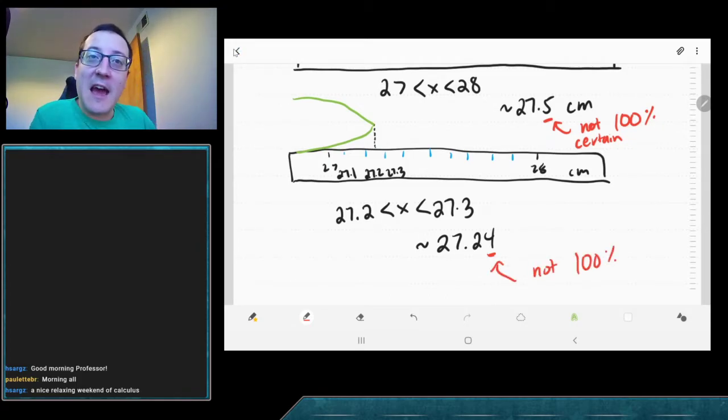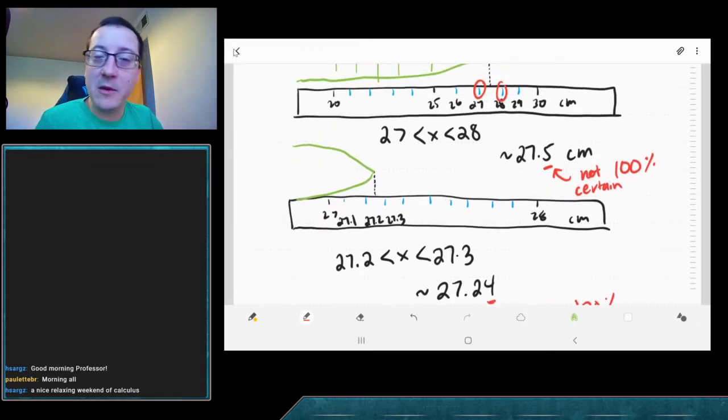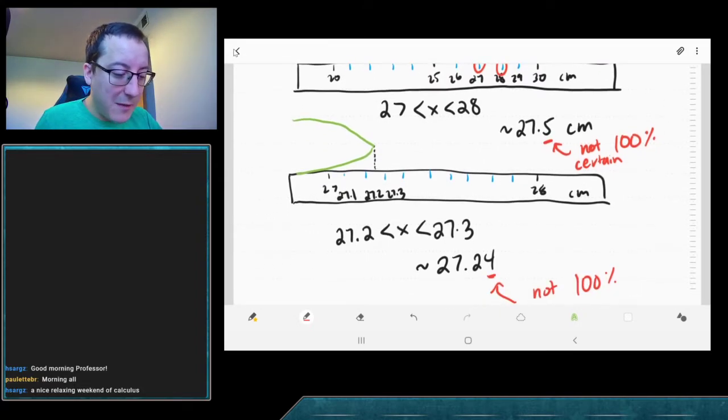So if I were to ask you to measure something, I would totally accept 27.23 for this one, or on the one before 27.4 or whatever, as long as you're close to it, right? Because we're just using our best judgment, using our eyes to make that determination.